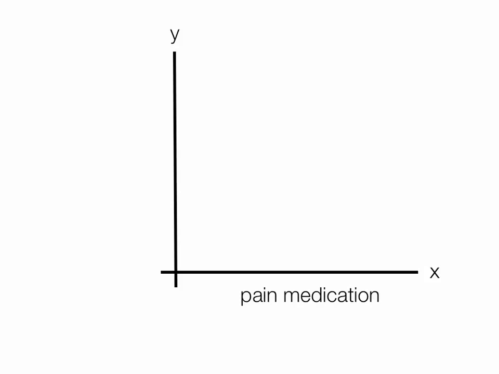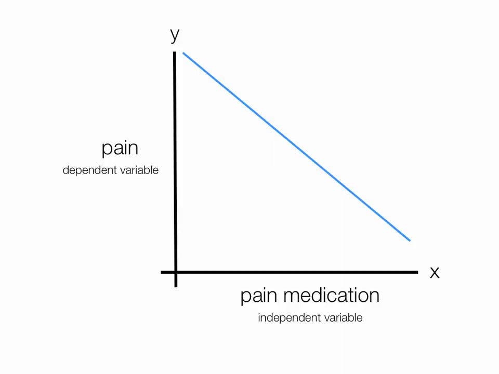So let's look at pain medication and pain. The independent variable would be pain medication. We're going to manipulate pain medication to see how it impacts pain. So the dependent variable is pain. Let's hope that the relationship looks something like this. In this case, we'll say R is equal to -0.80, or R squared is equal to 0.64.